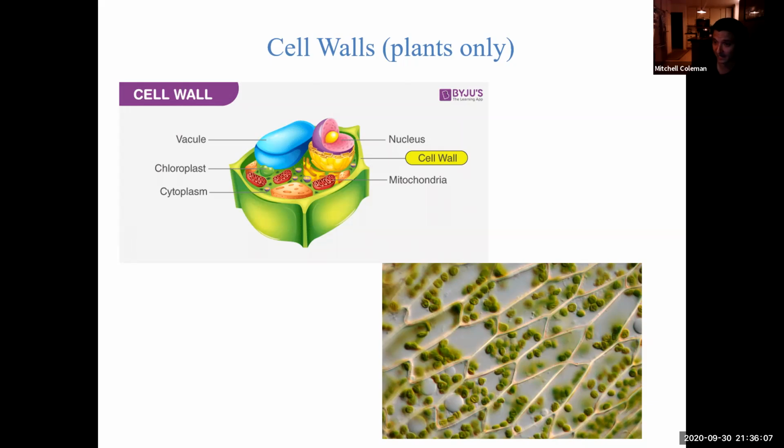They occur in plants and in animals, but cell walls are entirely different, and they only occur in plant cells. Cell walls are not composed of phospholipids. They're actually composed of carbohydrates. It's a long chain of carbohydrates, a polysaccharide. Actually, cellulose is the polysaccharide type that makes up cell walls.